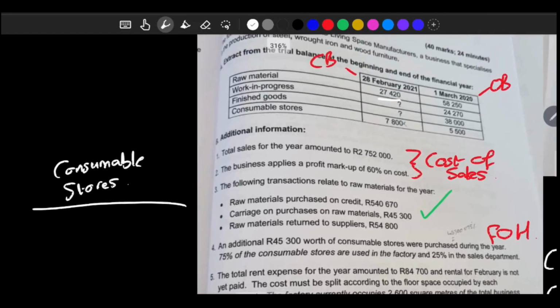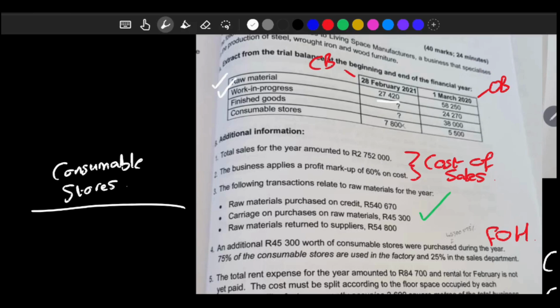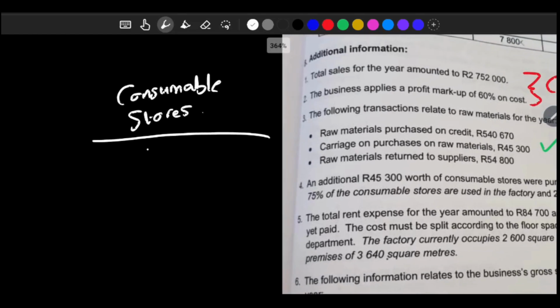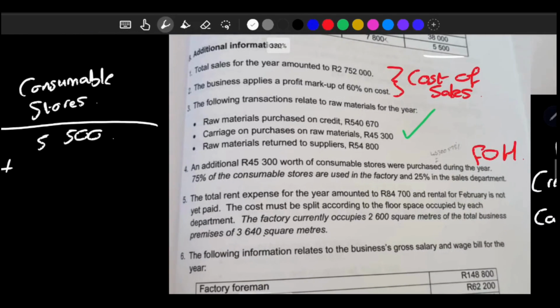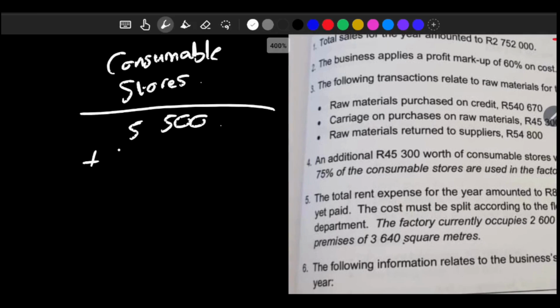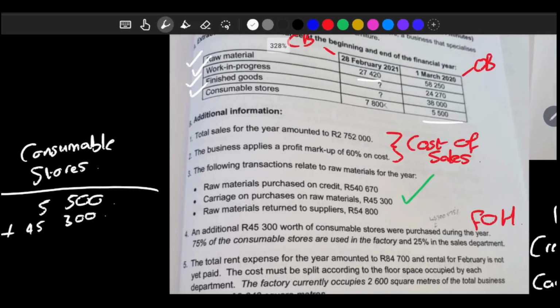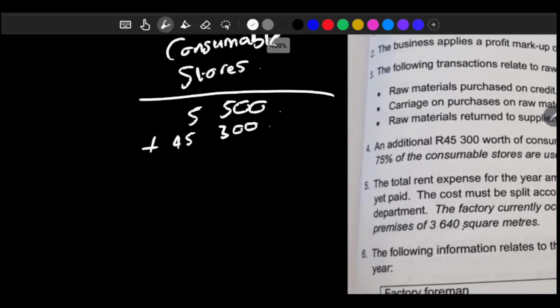So consumable stores, let's not forget, here we have raw materials, work in progress, finished goods, and consumable stores. We have an opening balance of 5,500, plus we bought some for 45,300, right? And we have a closing balance. Remember, closing balance is what we did not use in this financial year, which is 7,800, minus 7,800, meaning what we used in this financial year was worth 43,000 on the dot.